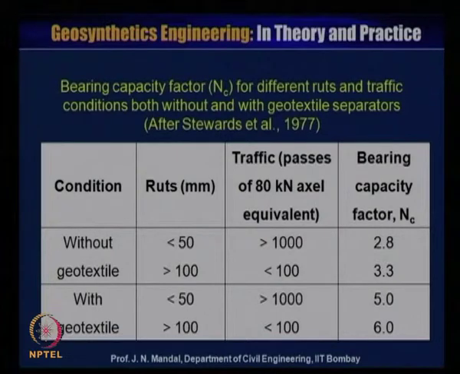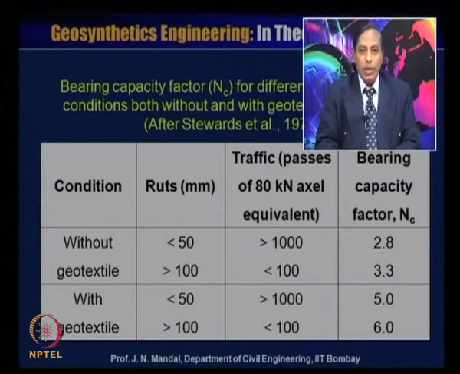We will calculate the bearing capacity factor using this table, depending upon the rut, traffic and number of passes. So, bearing capacity factor Nc for different rut and traffic conditions, both without and with geotextile separator.